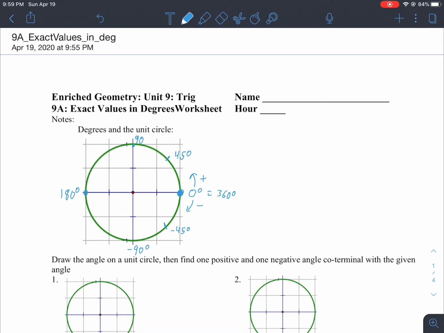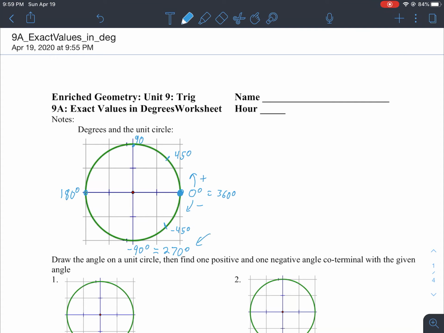Okay, if you're going in the positive direction this way, 180 plus 90 is 270. So 270 is the same location as negative 90, just depending on which way you went to get there.